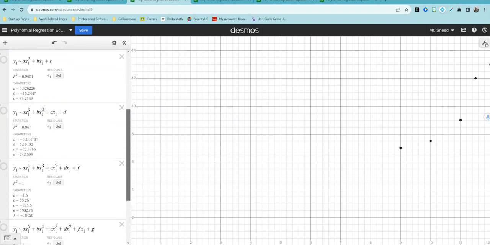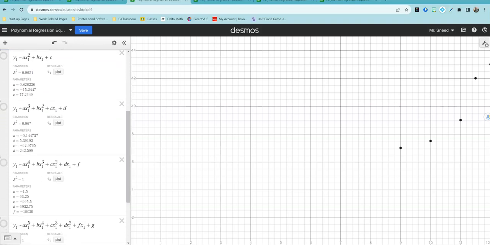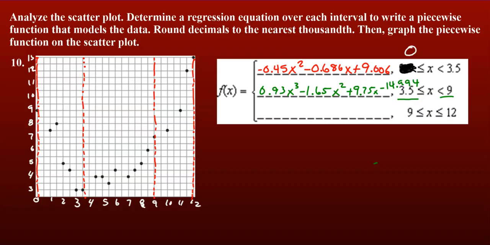So the quadratic has an R squared value of 0.9651 and the quartic one is 1. So there's one that matches it perfectly and hits all the data points. So let's go ahead and use the quartic function for this one. So we're going to go ahead and transfer the last bit of information.